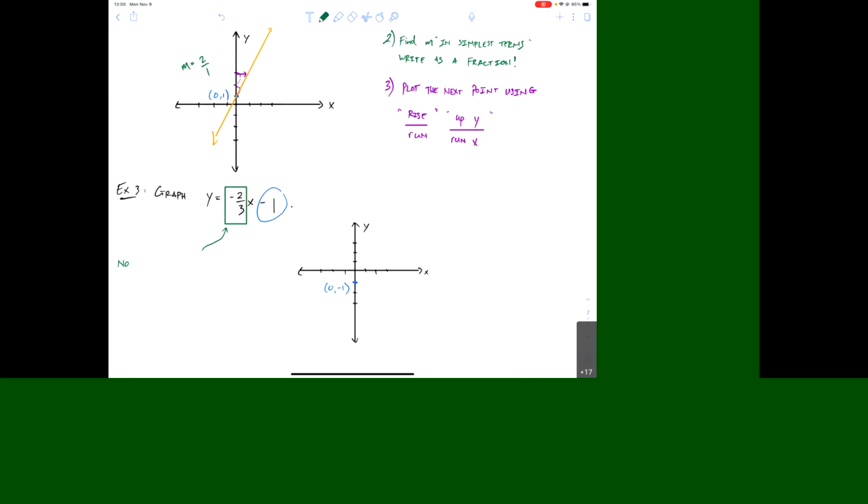So I'll say note: slope, or m, is only the number in front.